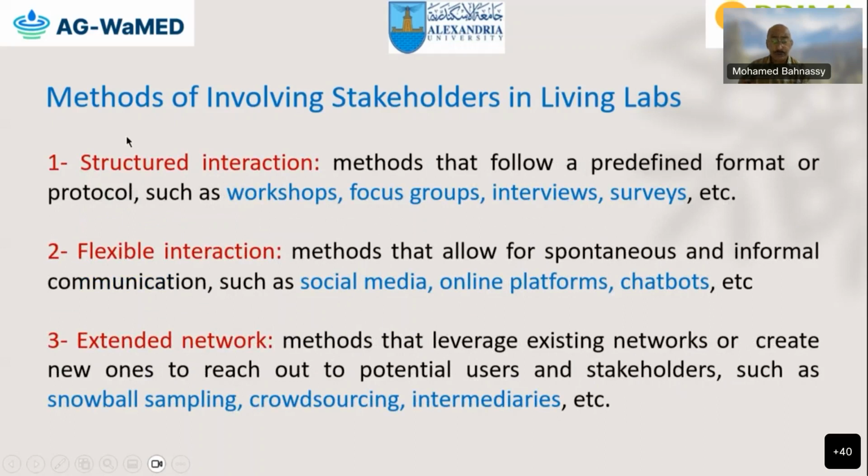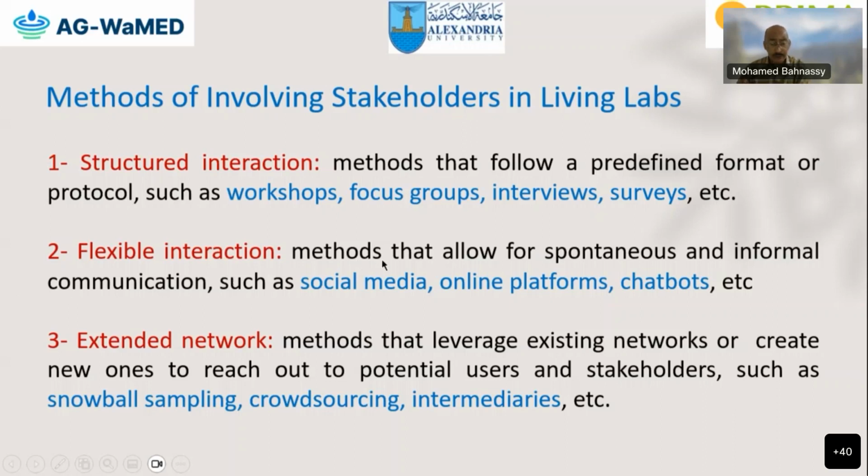The methods used for involving the stakeholders in the living labs are different. The first one is structured interaction. And it means methods that follow a predefined format or protocol, such as workshops, focus groups, interviews, surveys. The second method for involving stakeholders in the living lab is flexible interaction.